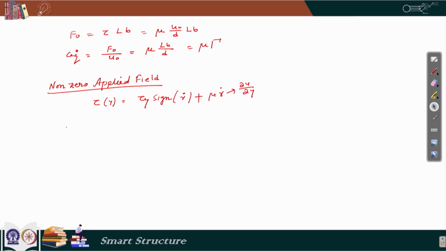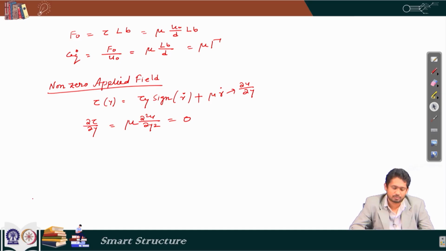Now, if we differentiate this, again we get del tau by del y as just mu into del 2 u by del y 2. So, the governing differential equation remains the same, and if the governing differential equations are the same, the boundary conditions are also the same.